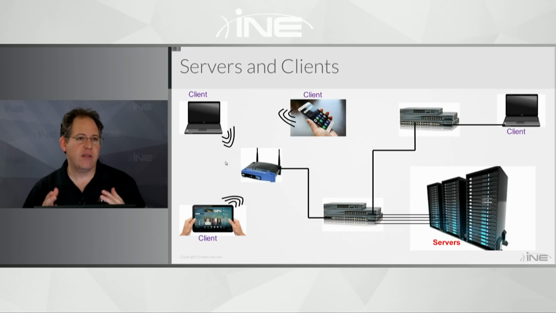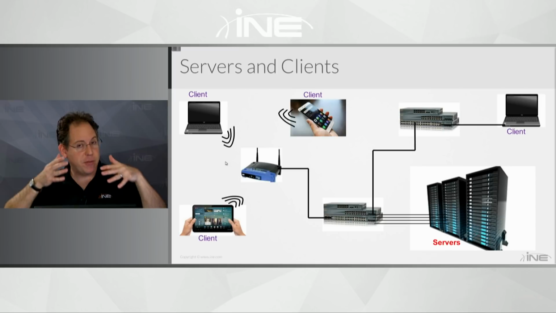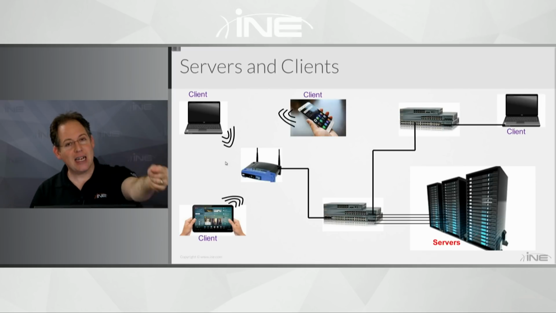And also servers give us a lot more control over that data as far as securing it, providing permissions as far as who can get to that data and who can't, who can add data to the server and who cannot. So servers give us a lot more flexibility with that. So in most networks today, even your home network, when you access the network, your purpose from your client side is to access a server, to get some information stored on that server.